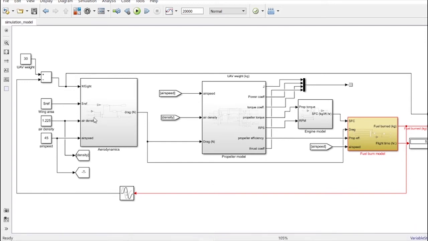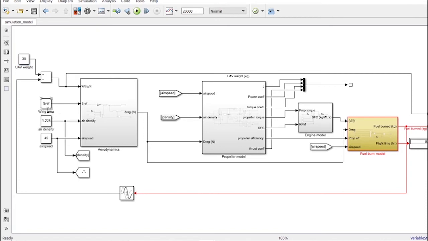As defined before, we have 4 major blocks. The first one is the aerodynamic block. Then we have the propeller block, followed by the engine block, and then the fuel burn model. Let us first look at some of the constants that we require here. This constant is the maximum takeoff weight of the UAV, which I have currently set as 30 kgs.